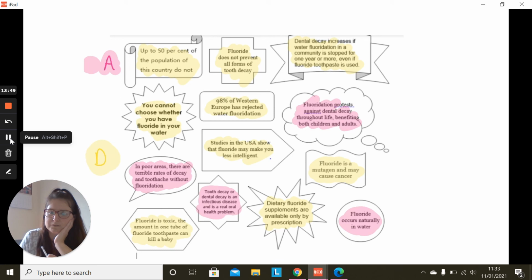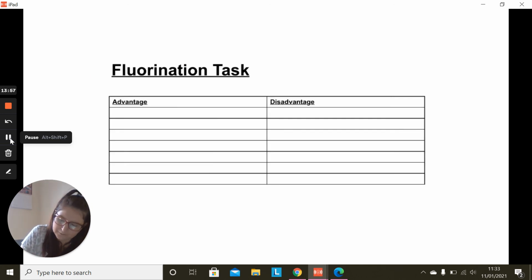So now we're going to put that into our table. Okay, so let's go. So we've got poor areas, higher tooth decay. Then it's natural in water.